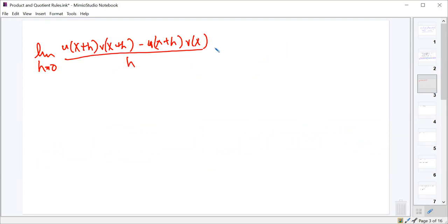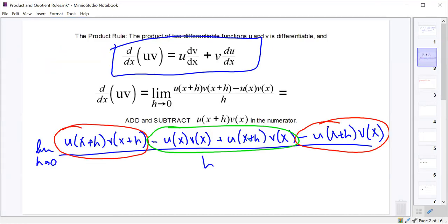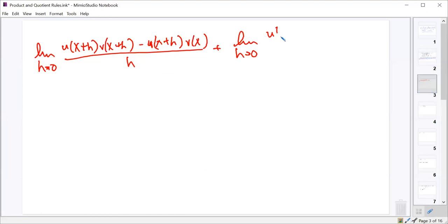And then we're going to add to that the limit as h approaches 0 of the other terms, which we'll put the positive term first. The positive term is u of x plus h times v of x, minus u of x v of x, all over h.